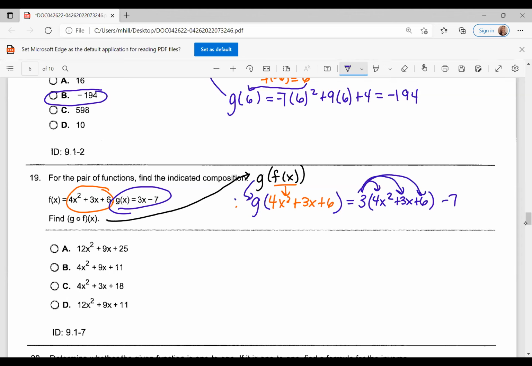So we want to multiply 3 times 4, 12x squared, 3 times 3x, 9x, 3 times 6, 18 minus 7. So it looks to me like I can combine these two. So 12x squared plus 9x plus 11. And so on number 19, we're going to say D. Simplify that after we plug that stuff in, and that's what we're going to get.